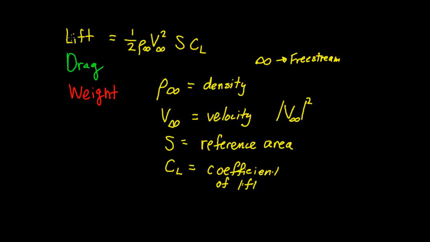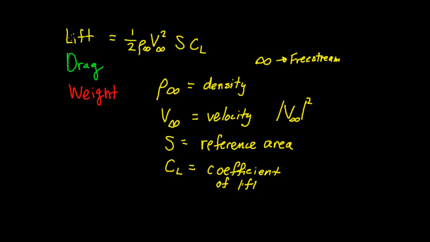It turns out that aerodynamicists and engineers who work in wind tunnels will frequently assign some reference area, saying, okay, this aircraft has some area, say 5 meters squared or 5 feet squared, or some area. And then for that area, they compute what the CL, the coefficient of lift, means.